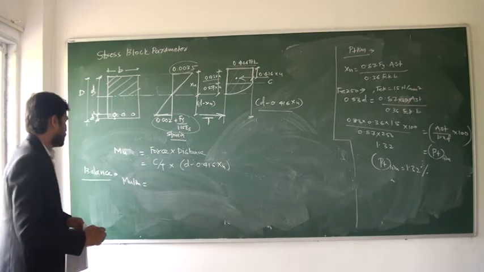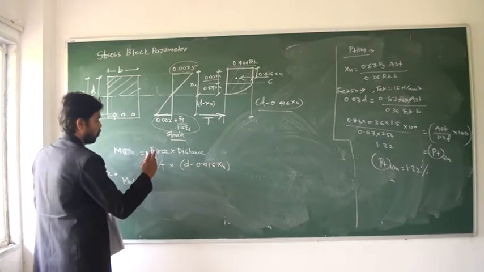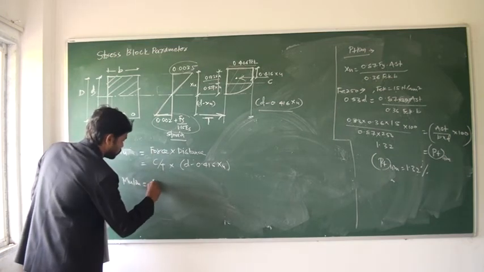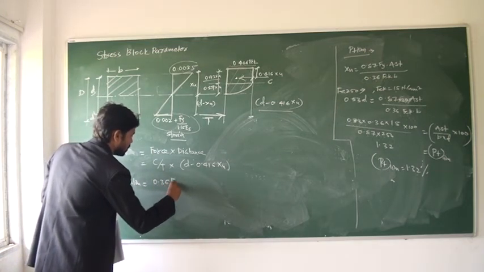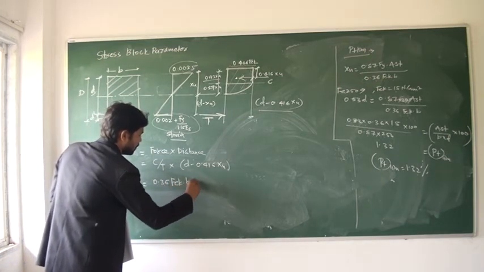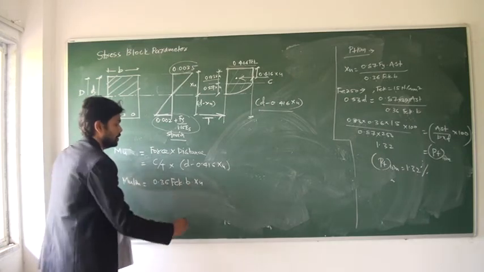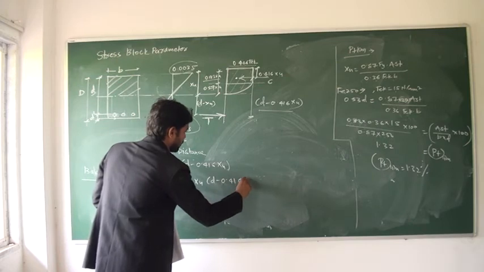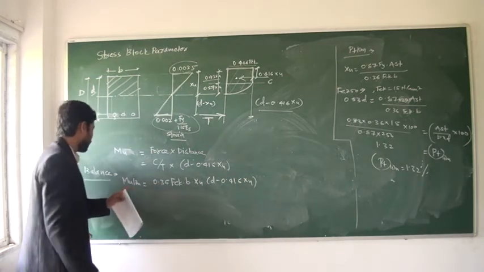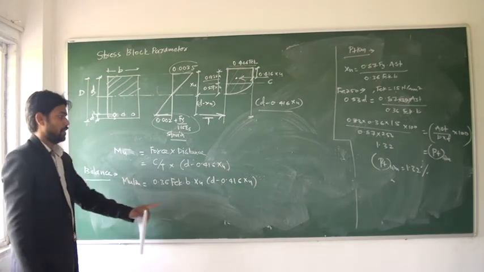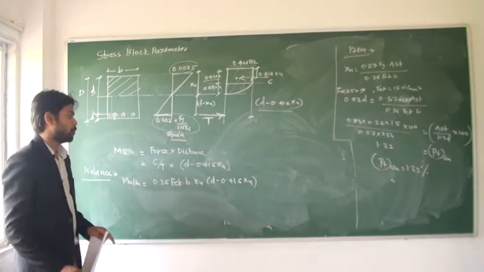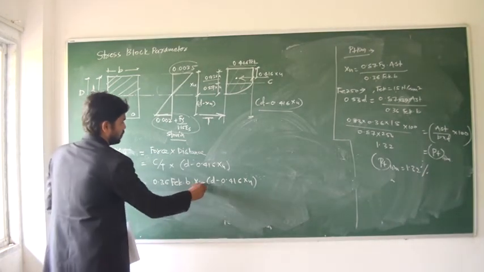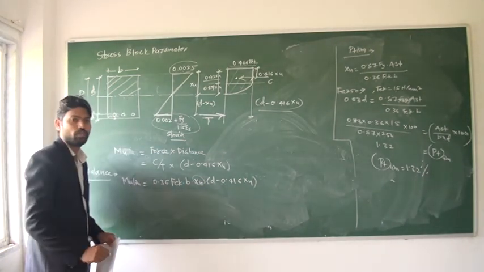Okay. So Mu limit will be equal to force, that is your compressive force, 0.36 FCK B into XU, and d minus 0.416 XU. Now as we are calculating for the balanced section, XU will be equal to your limiting value, XU limit.